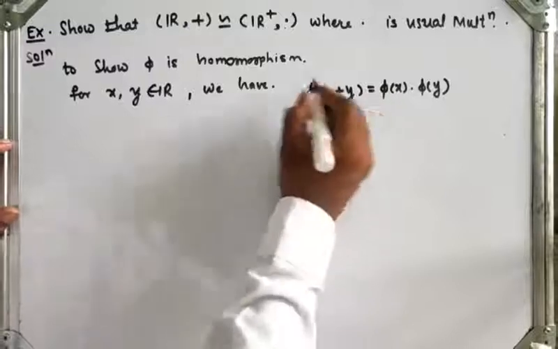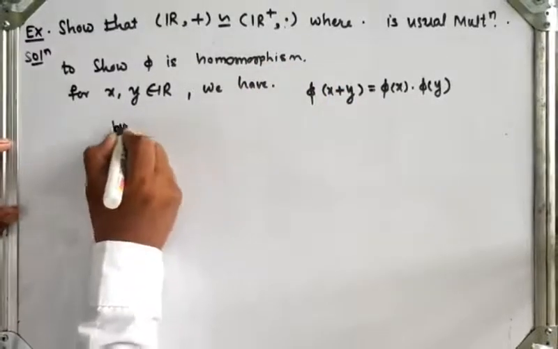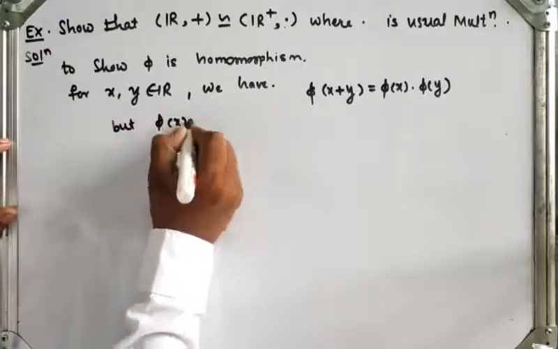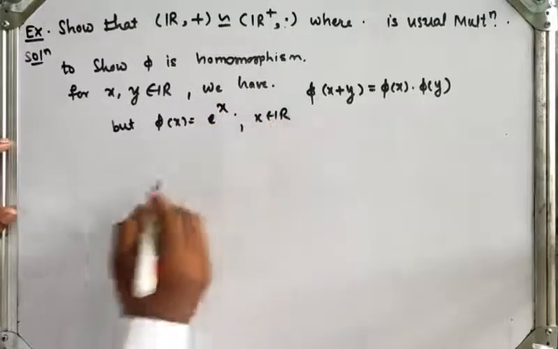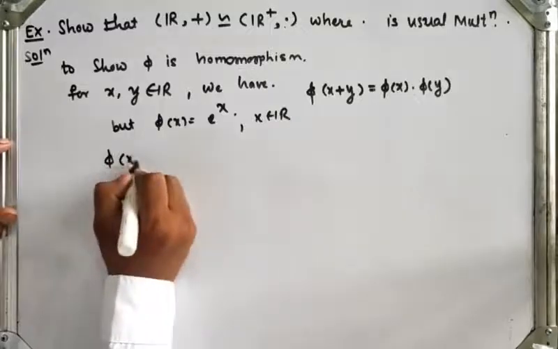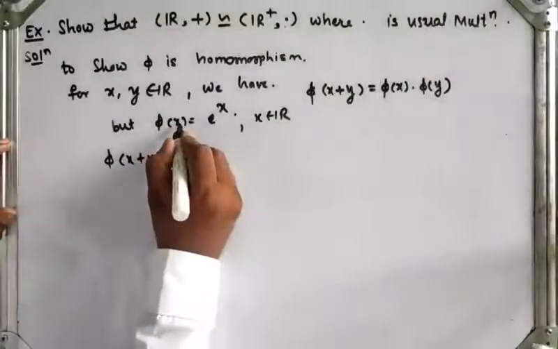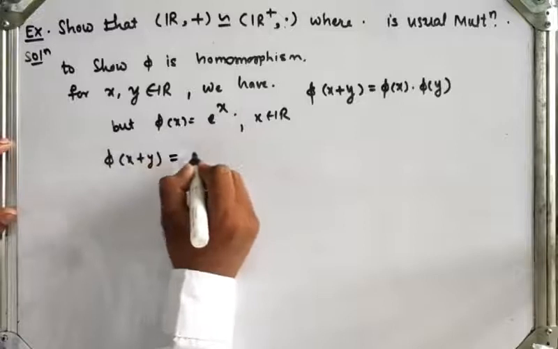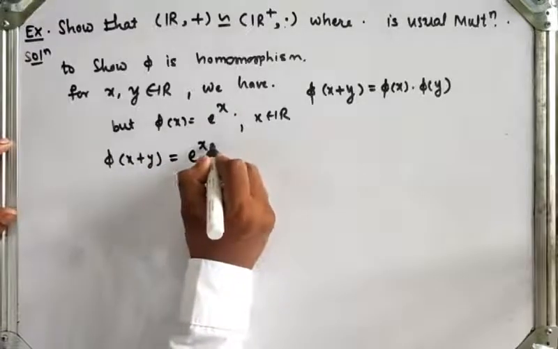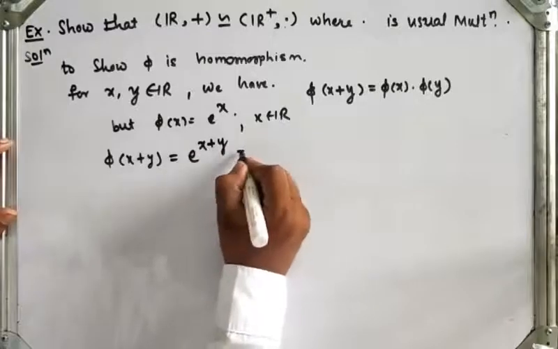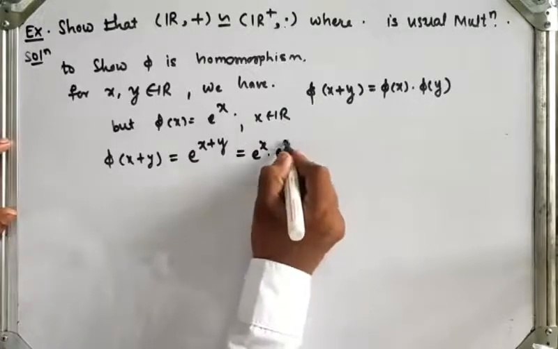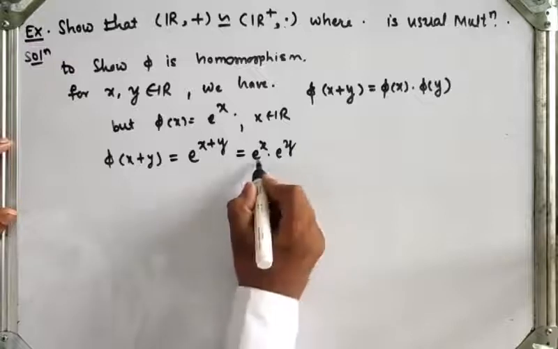Now what is phi of x? Phi of x is equal to e raised to x, for x belongs to real numbers R. Therefore phi of x plus y, in this equation replace x by x plus y, so what will I get? e raised to x plus y. I will write this as e raised to x into e raised to y, right? What is e raised to x?